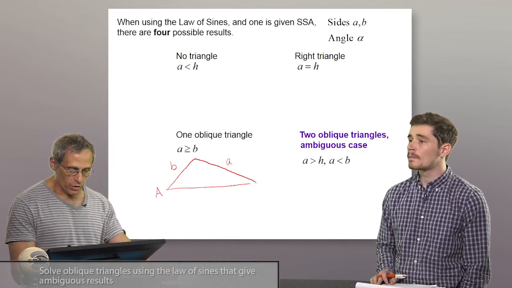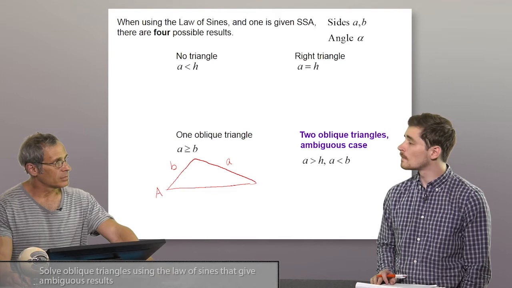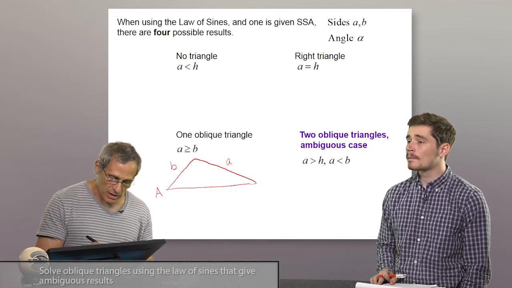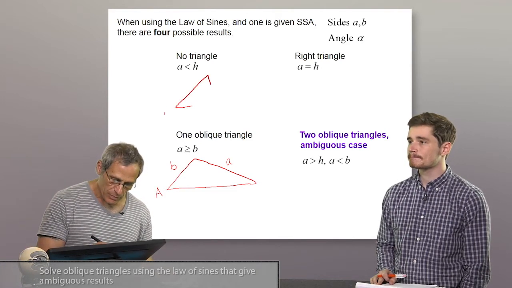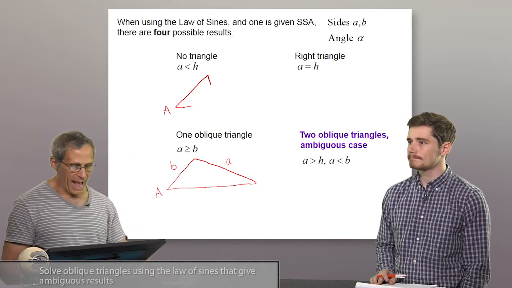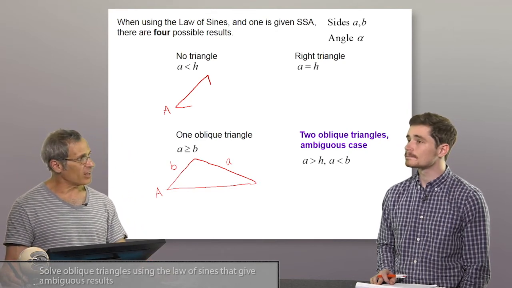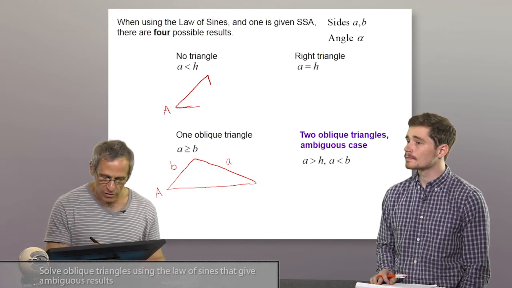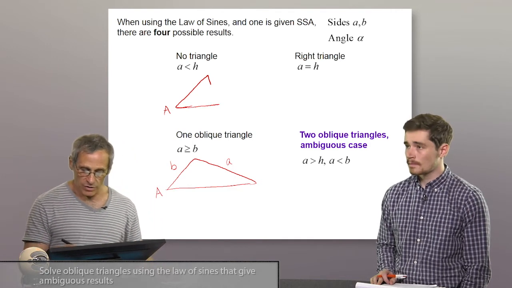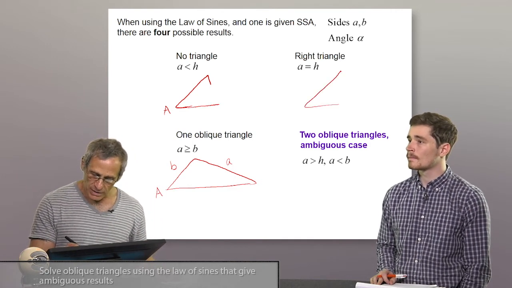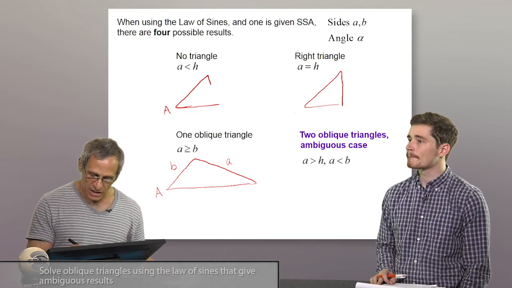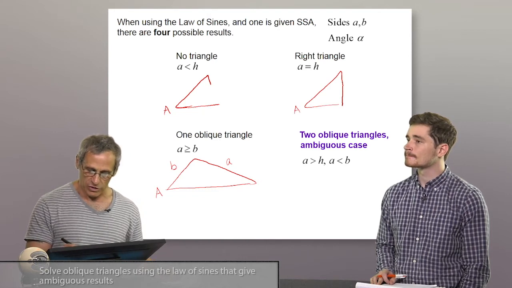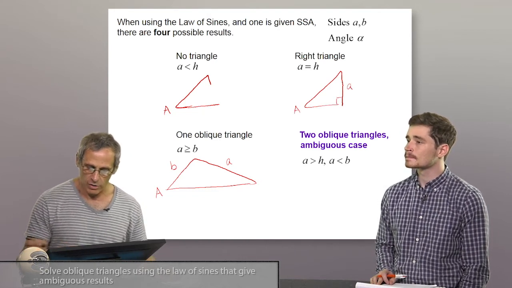And then there's only one triangle I can sketch. But if my side opposite is shorter than my altitude, I can't sketch the triangle because I can't really reach that other side. And if my side opposite is exactly equal to my altitude, I have a right triangle.